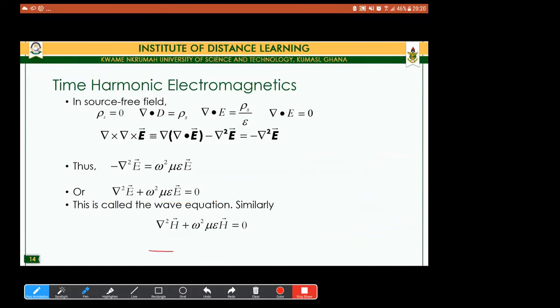And now we can derive a similar equation for the H component. So we have these two equations. These two equations are called the wave equations, and very soon you will see why.